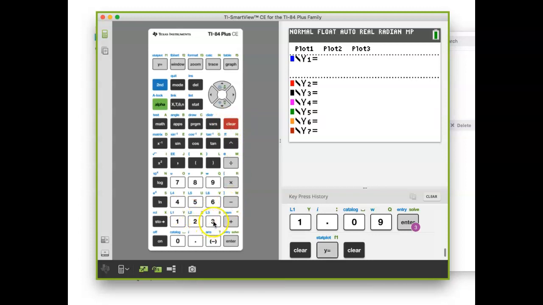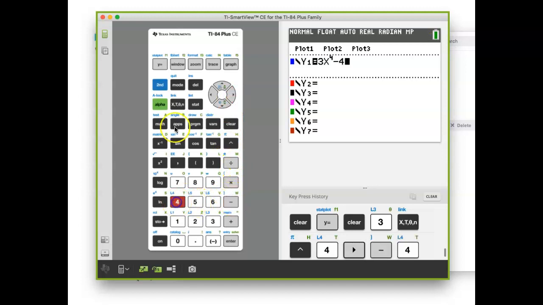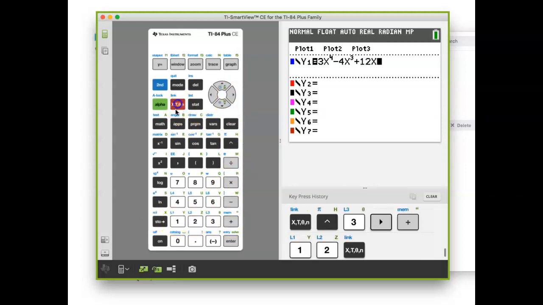All right, so the original function, which is what we're trying to get the y value of right now, is 3x to the fourth minus 4x cubed plus 12x squared and then minus 5.